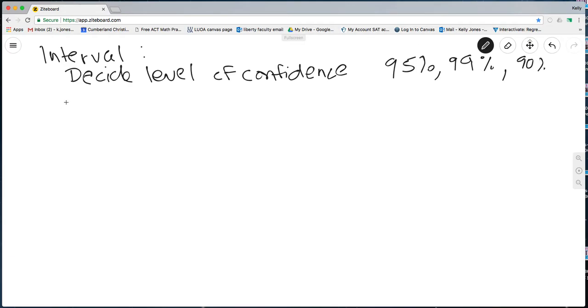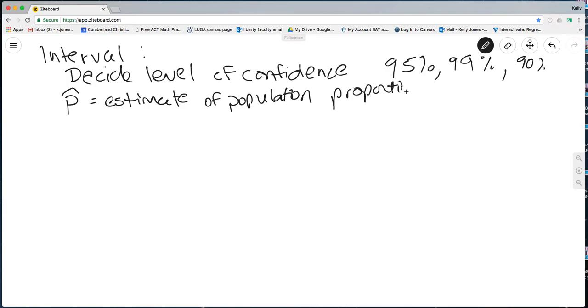Okay, once again, to review, a p-hat is an estimate of the population proportion. And if you ever see a p without the hat, that is the actual population proportion.